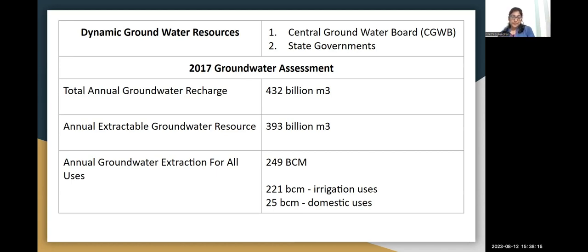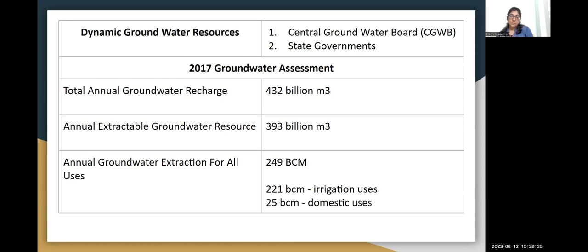domestic uses. So if a question comes asking which is the major sector that utilizes groundwater, it is definitely, as you can see from the statistics here, the irrigation sector, using the majority of the groundwater resources, more than domestic uses.